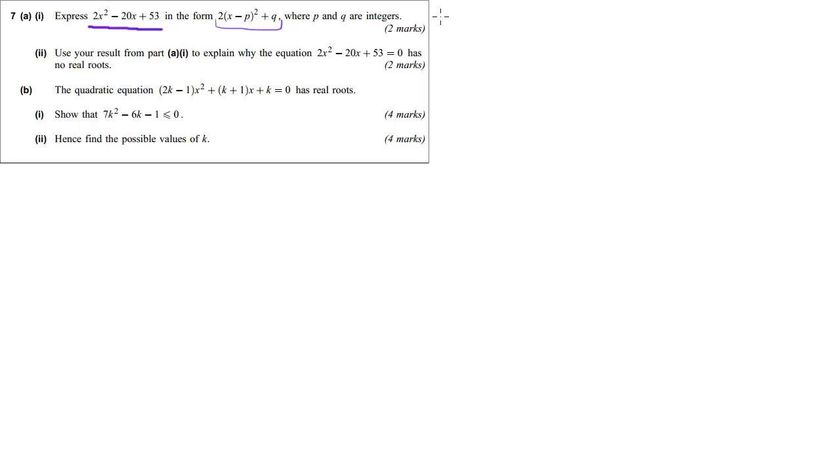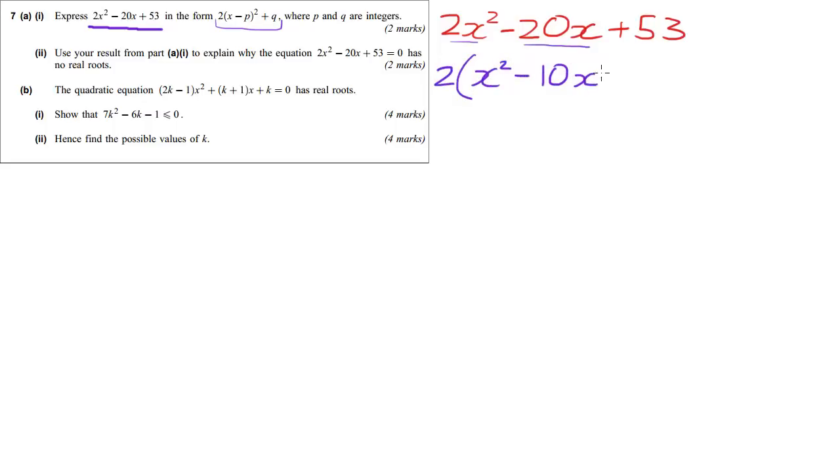Well, let's start off. Let's write that down there. 2x squared minus 20x plus 53. So the first thing that I am going to do here is take 2 out of the left and the middle terms, so that I get 2 times x squared minus 10x and then plus 53.